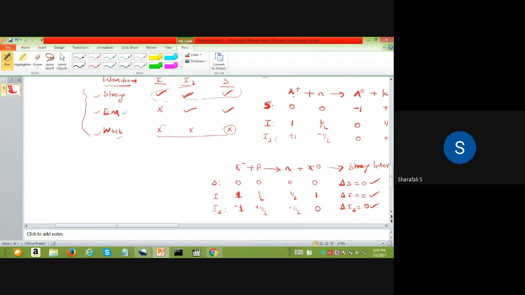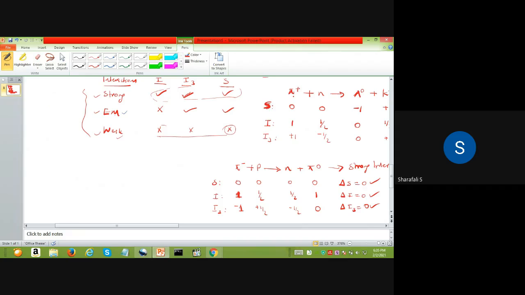Basically, we have to consider whether the reaction is possible or not by using energy conservation, momentum conservation, baryon number conservation, and lepton number conservation. If those are conserved, then only that reaction is feasible.